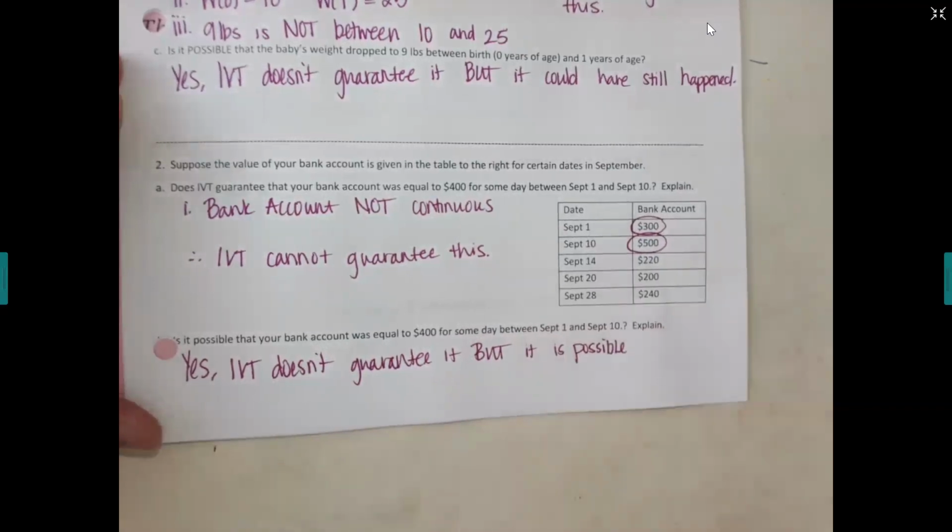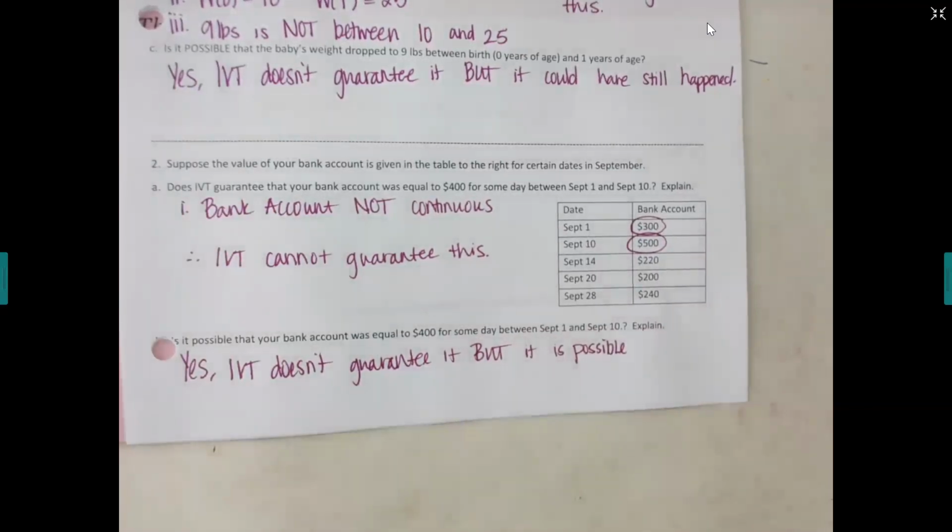Or like we put on the last question, it could have happened. We just can't promise that it happened. Contrapositively, we can't promise that it did not happen either. All we can say is we don't know if IVT doesn't. Make sense?